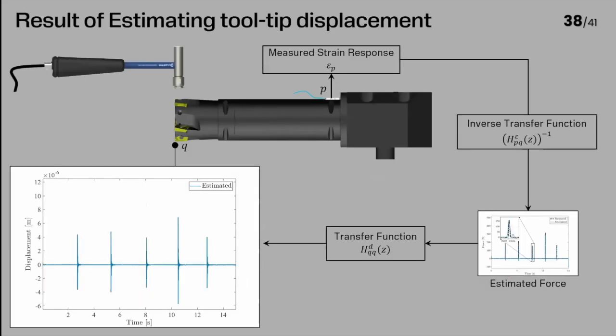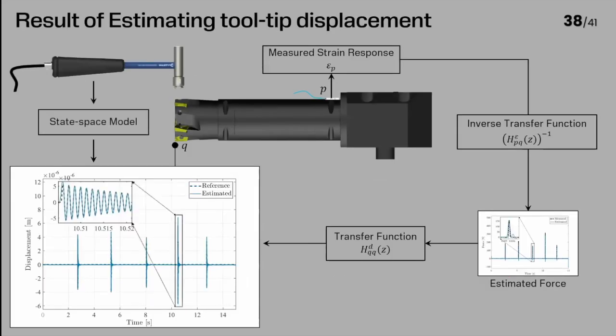Now, if we apply this measured force from the hammer to this model, then we generate a reference to compare with the estimation result for displacement. And the result shows the proposed method accurately captured the tool-tip displacement as well.